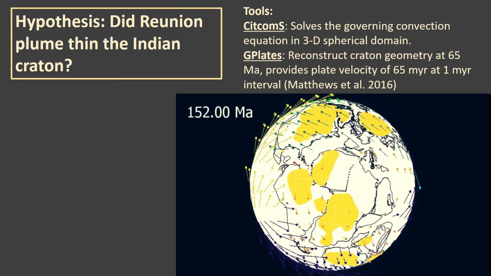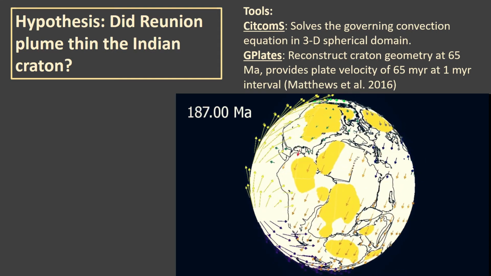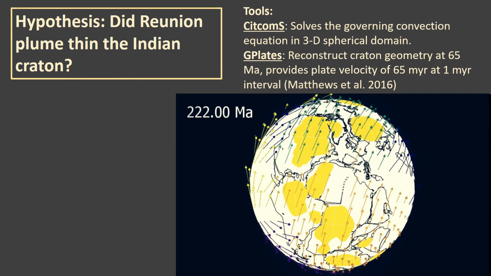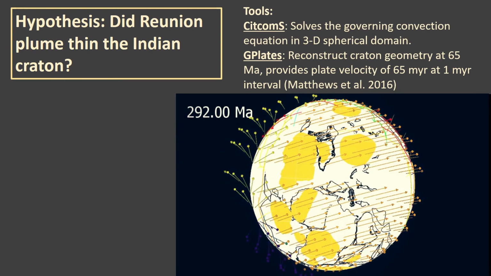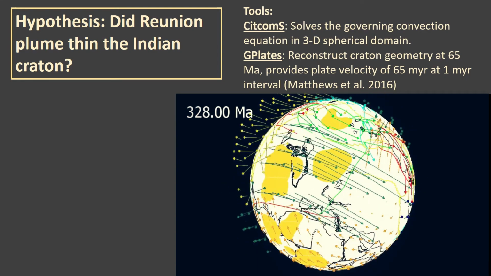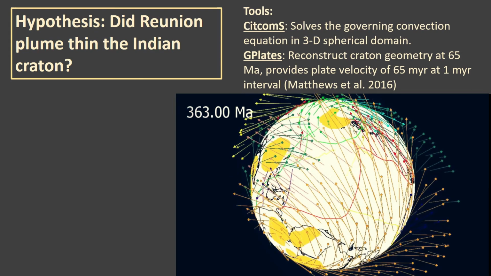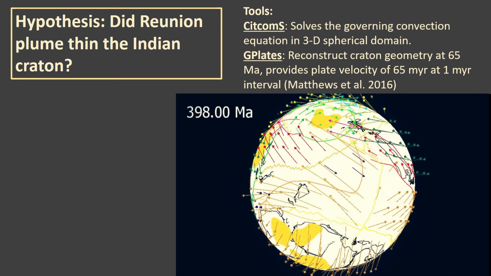Apart from just reconstructing the cratons, we can also find what was the surface velocity condition at that time. GPlates can do this up to 410 millions of years, but for this case we have reconstructed back only till 65 millions of years, which is sufficient for this study.